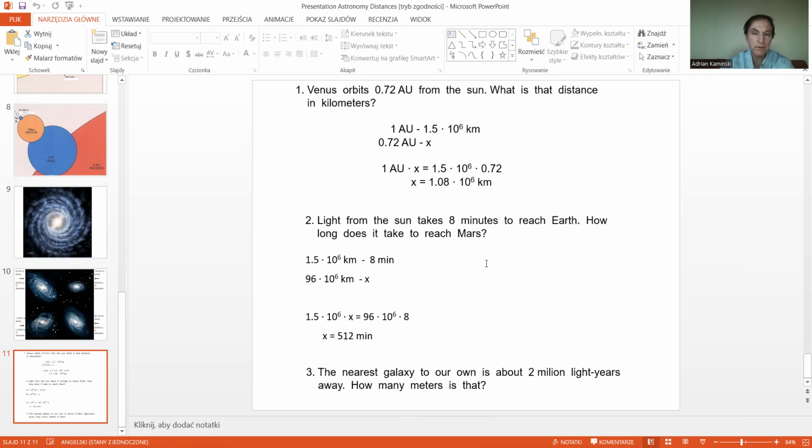I recommend you solve by yourself problem number 2, which is already solved, but do it yourself. And problem number 3, which is not solved, treat it, please, as your task in order to find out whether or not you understand how to solve some astronomical text problems.